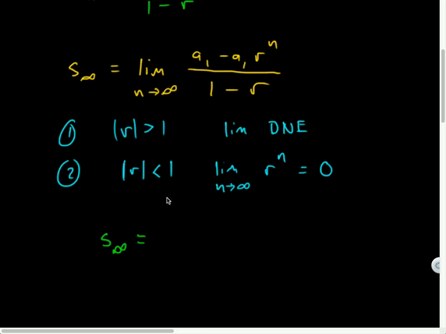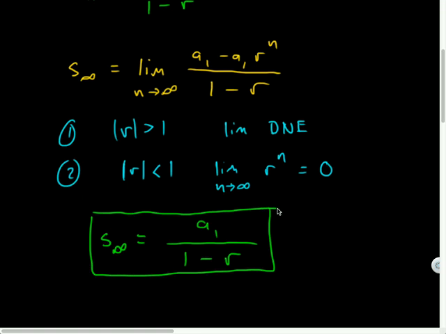How crazy is that? I love it. It is going to be a sub 1 all over 1 minus r. How simple. How beautiful. Because this whole term went to 0. Craziness.